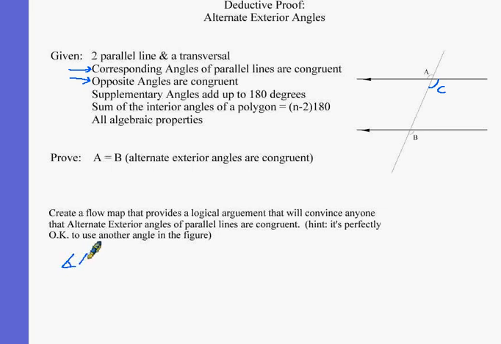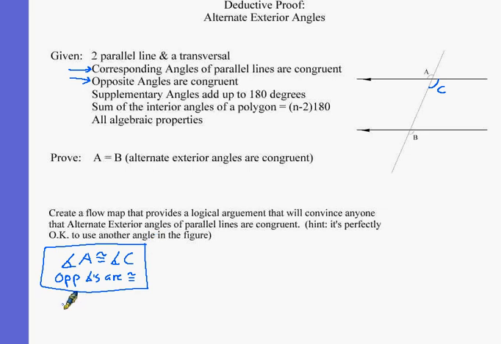And we can establish the relationship that angle A is congruent to angle C. And how do we know that's true? We know it because opposite angles are congruent. Right? And we can put that in a box.